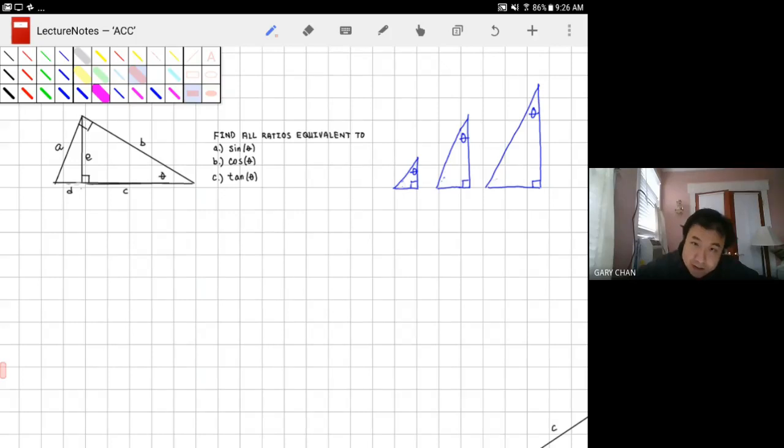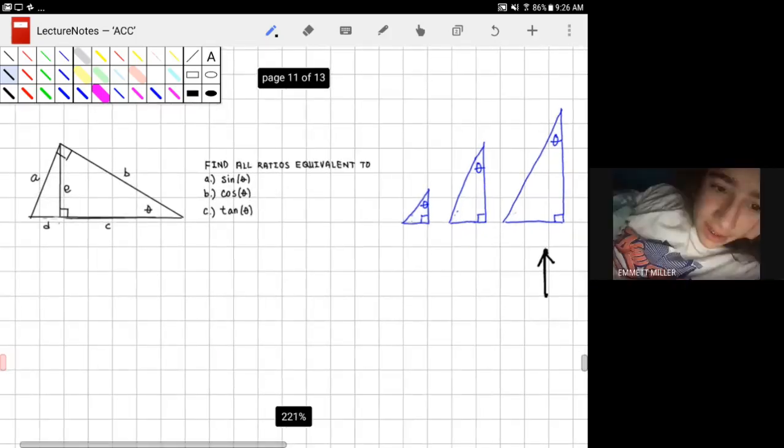So I'm talking about this triangle over here, this guy right here. So let's start with the hypotenuse of that right triangle. How do we label the hypotenuse of that right triangle?